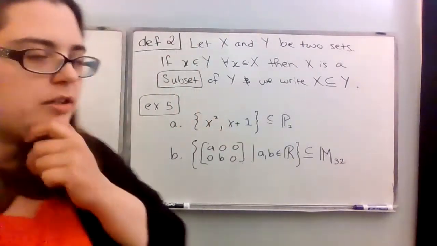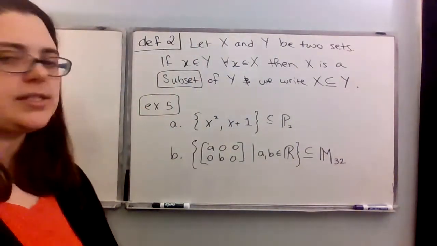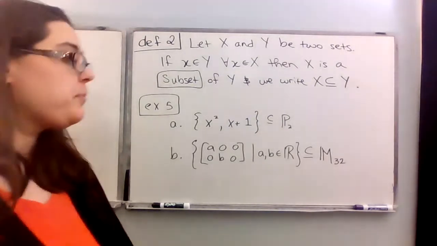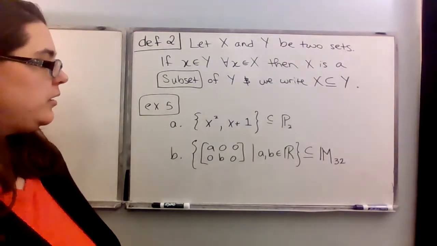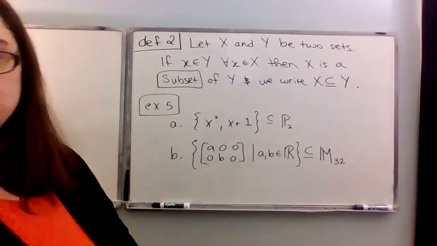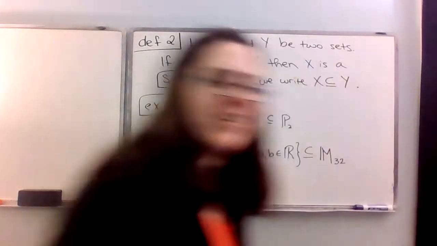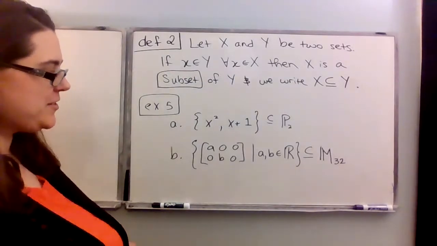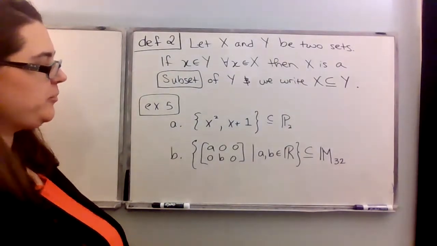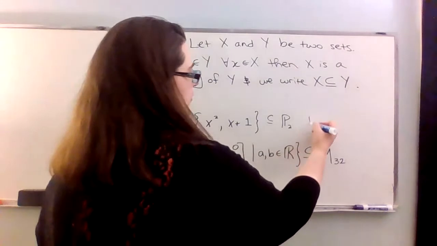So these are the two problems we're looking at. Take a moment and decide whether they are true or false. Feel free to pause if the moment wasn't long enough for you to think about this. So I'm going to say that A is true and B is false.